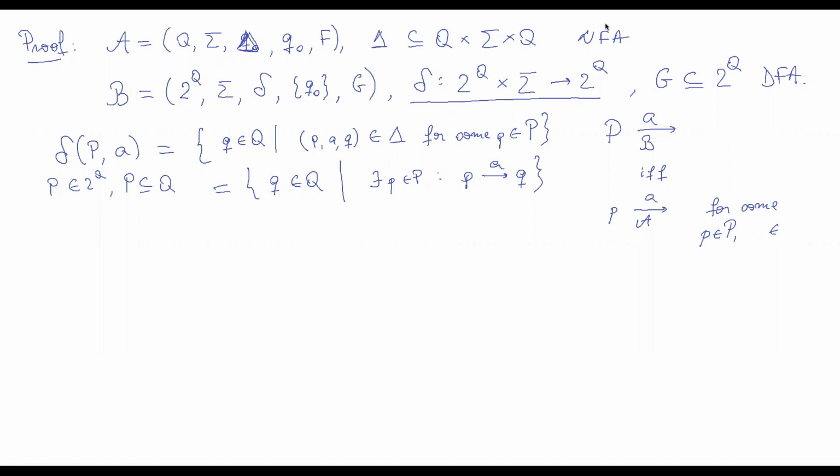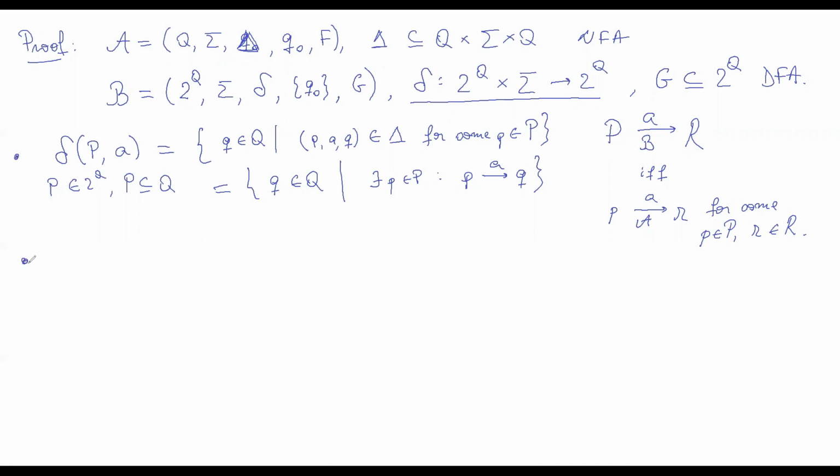So maybe p goes to r, for any p in P and r in R, just so that I'm not confusing it with this Q here. I hope that my definition of the transition function is clear. I will go from state P to state R if there was such a transition p to r for some p in P and r in R.